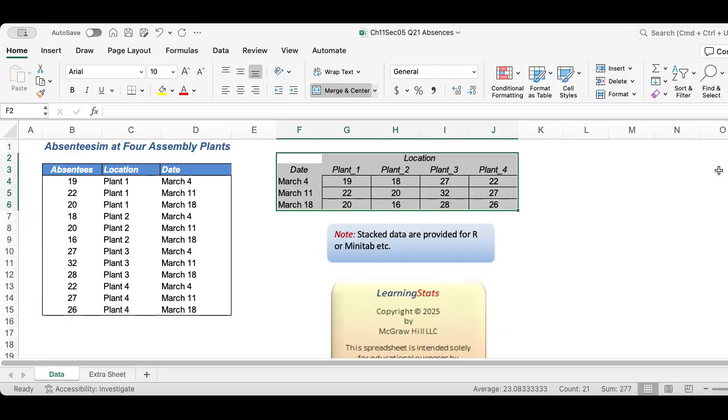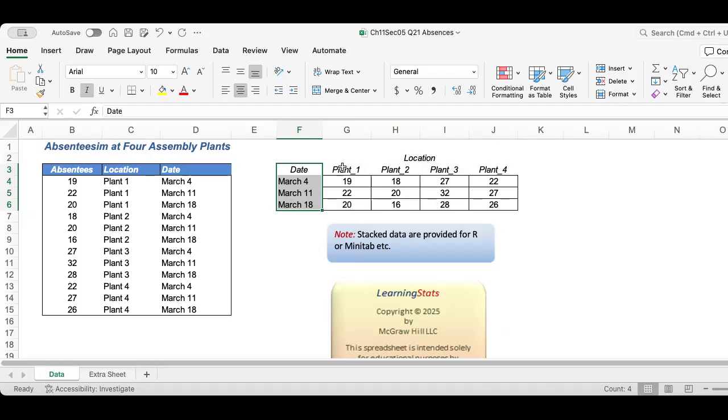The A null hypothesis would be for the rows. Absenteeism on all Fridays, so it doesn't really matter what Friday it was, average absenteeism on any given Friday is the same. Then the alternate hypothesis is at least one of the Fridays is different.